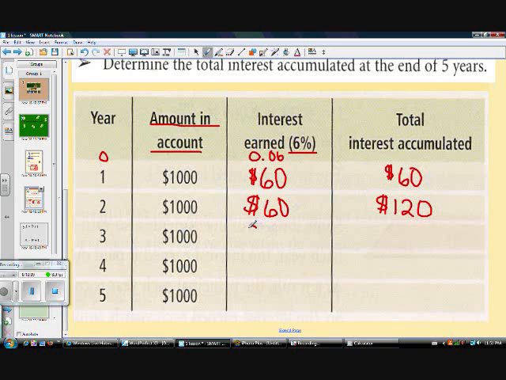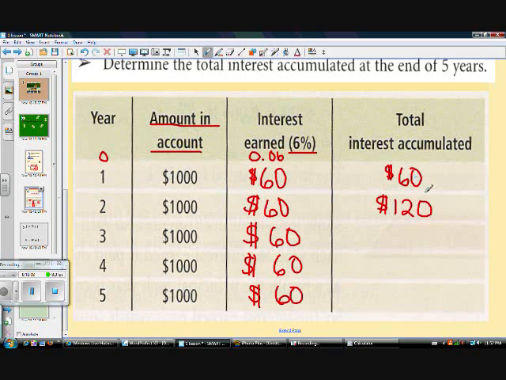Now, you maybe notice that when I take the 6% again and multiply it by 1,000, I'm going to get $60 again. And when I do it here, I'm going to get $60. And I'm going to get $60 for the last year. So that part with simple interest does not change. It's always $60.